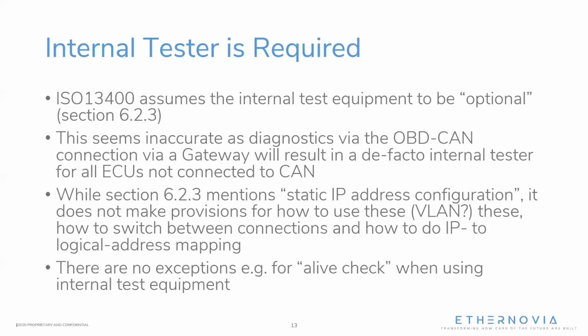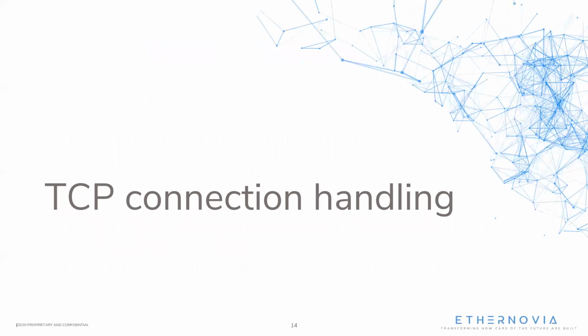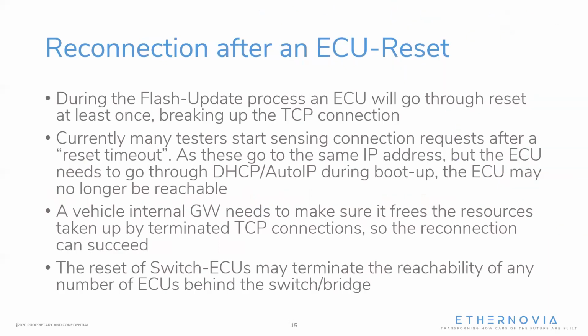This led to the Alive check, which for something like a gateway today is not really a good thing, as if you transport diagnostics data over one TCP connection to multiple ECUs behind a gateway, and then your Alive check for one tester fails, you are breaking up the connection for all those ECUs. So we need to go looking into the TCP connection handling that DoIP gives us.